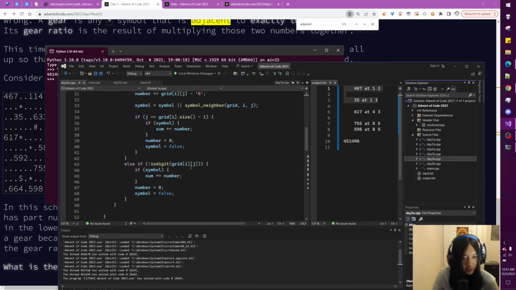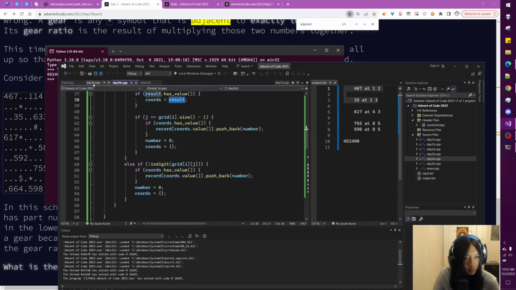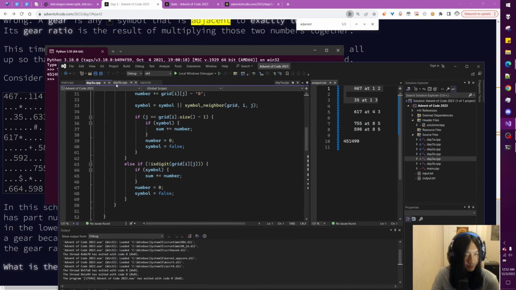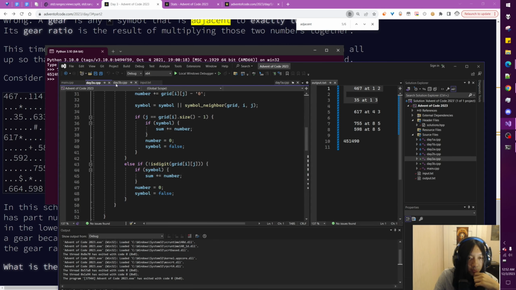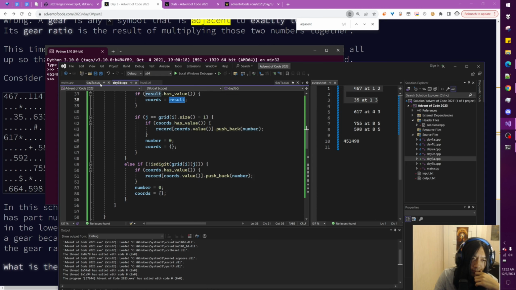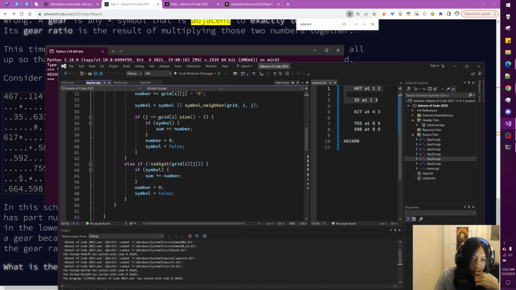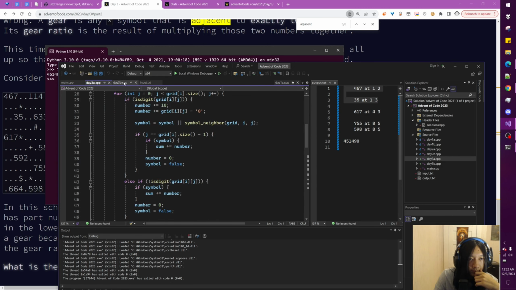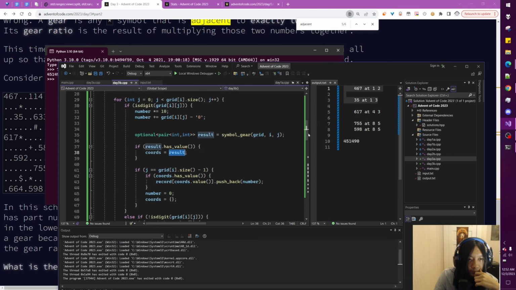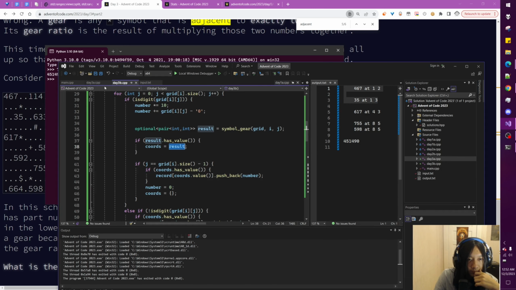Yeah, so the logic should be actually quite similar to what I had before, just with, excuse me, optionals instead. Extra line.